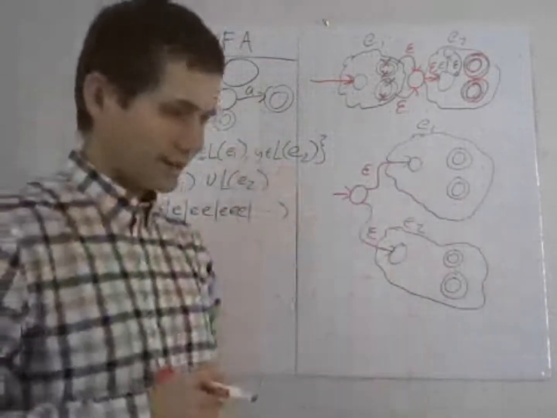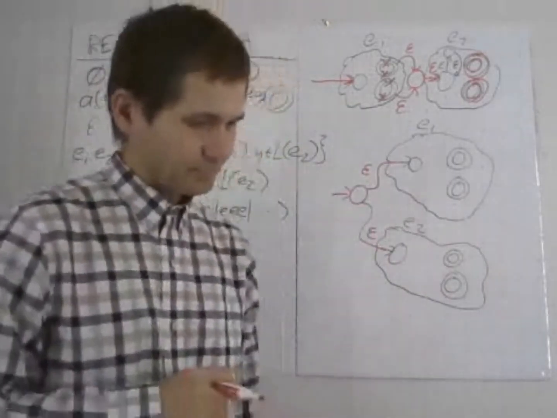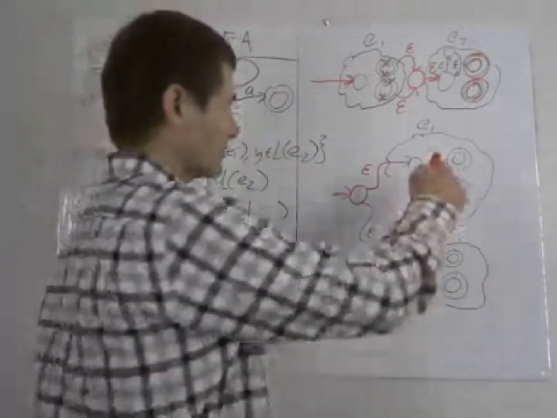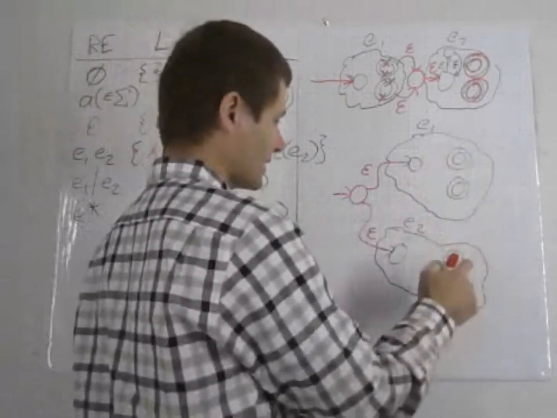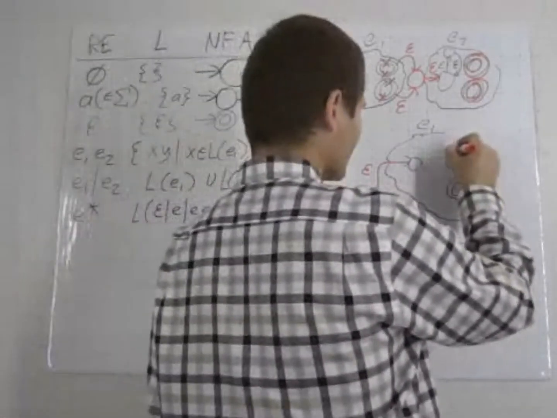So I'm going to go to either of these, and then I could make all of the accepting states of both of these be the accepting states.